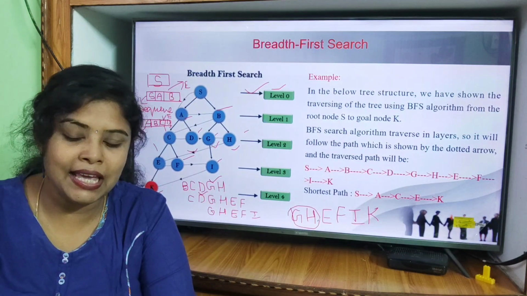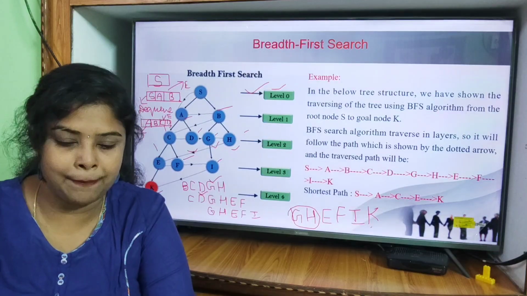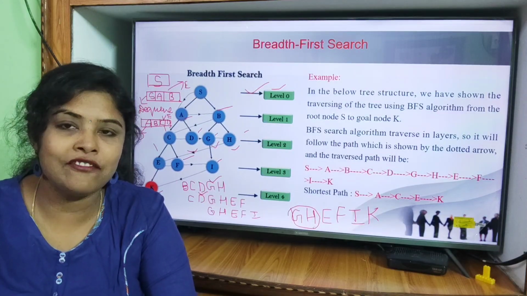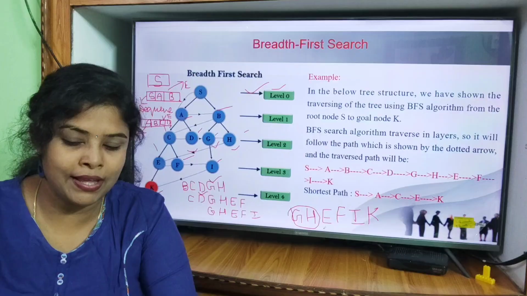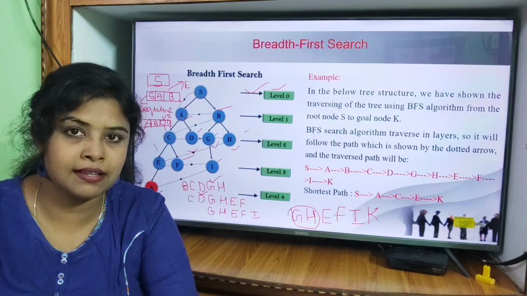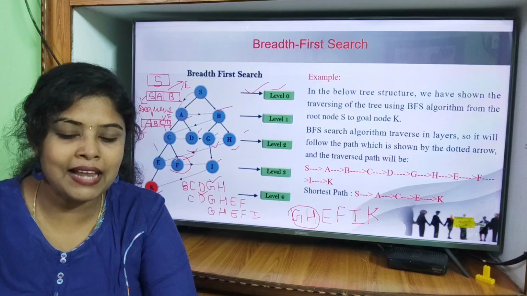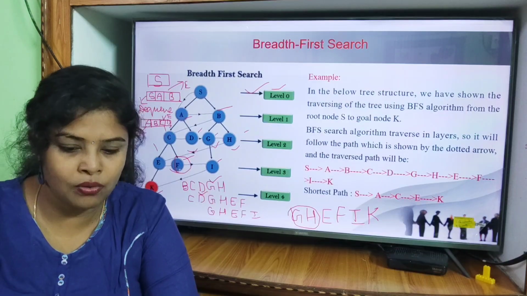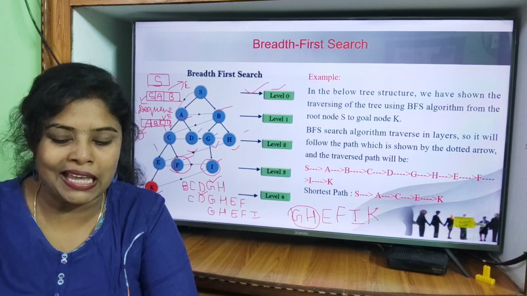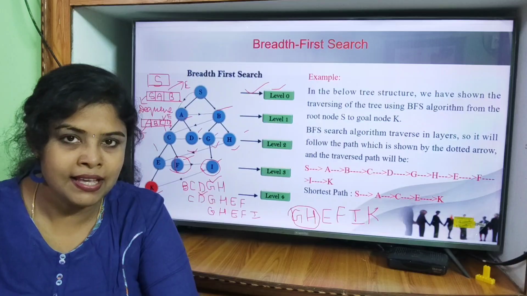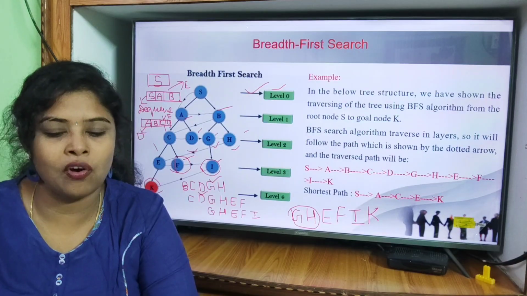It's just E, F, I and K. So each and every node, again I go on exploring. E's successor K is already added in the queue. Next I will go for F and check whether it has any successor nodes. Next I will go for I and check if it has any successors. Next I will go for K.